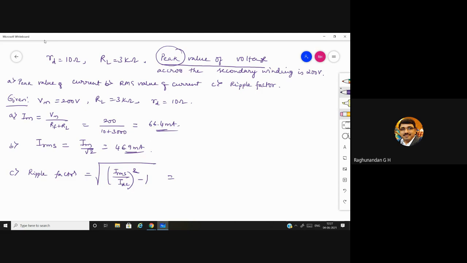Now we need to find the ripple factor value, the last one. So IRMS by IDC, so first we need to find IDC. To find IDC, we have the formula 2IM by pi.